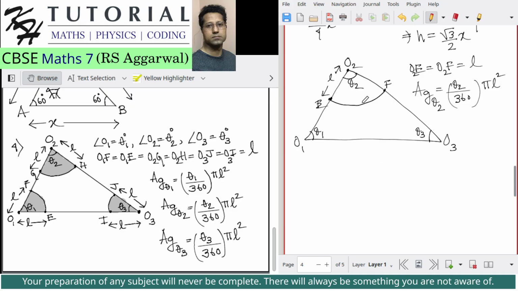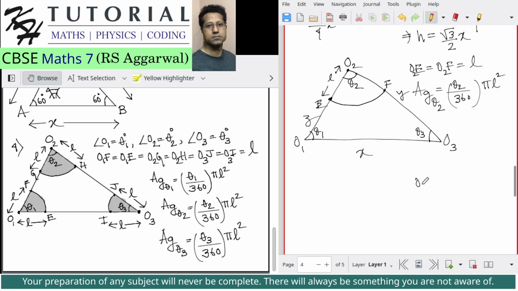Now certainly this will be the area. Certainly the l has to be less than, let's say the lengths of the sides of the triangle be x, y and z.